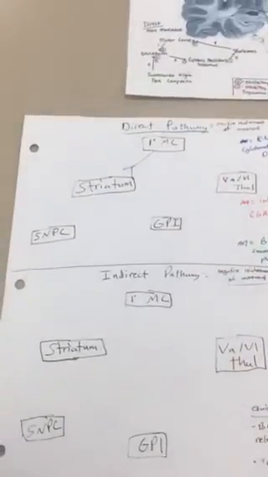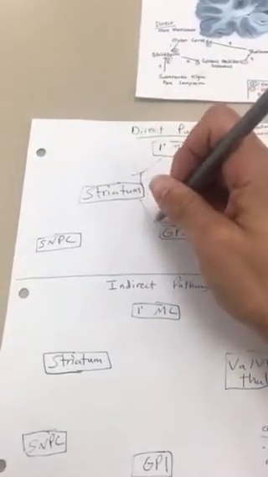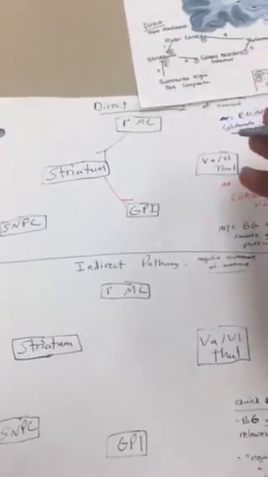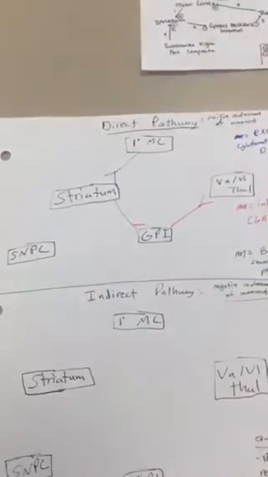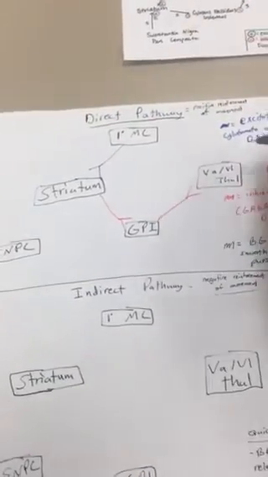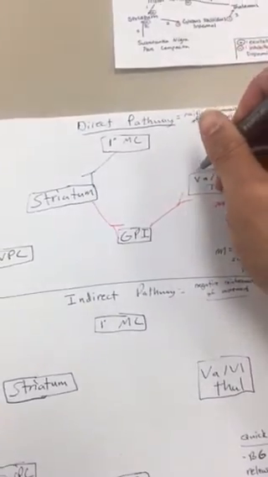Striatum is part of the basal ganglia, so this is going to release a negative signal on the GPI. Since the globus pallidus interna is also part of the basal ganglia, that will release a negative signal on the thalamus, specifically the VA-VL thalamus. And then because the thalamus is not in the basal ganglia, that's going to release a positive signal.